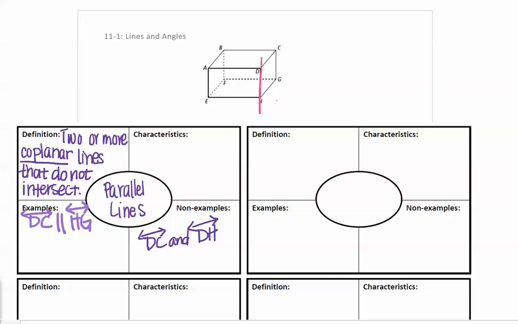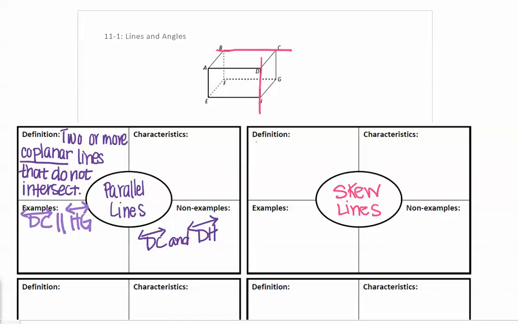So that line right there, DH, is not going to intersect with BC. They are not going to intersect, but they are also not coplanar, and so that is not parallel. That is another word, and that is our next definition: skew lines.